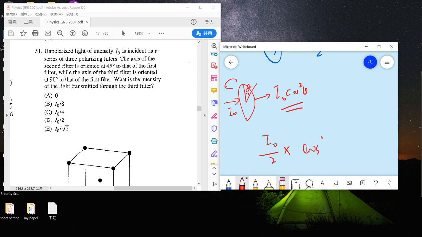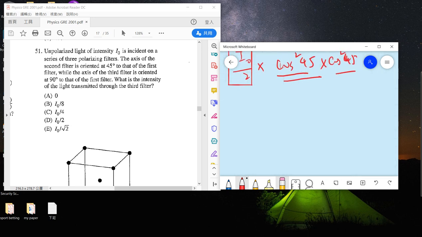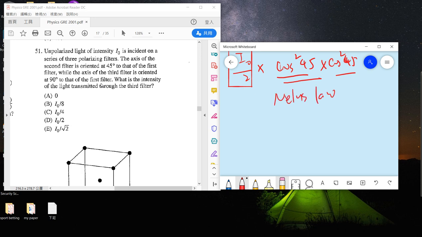So basically you have this. This is past the first, this should pass the second, and then still the third. I guess this is called Malus's law.